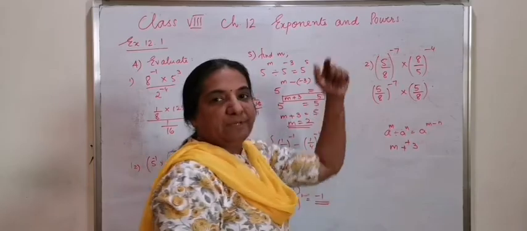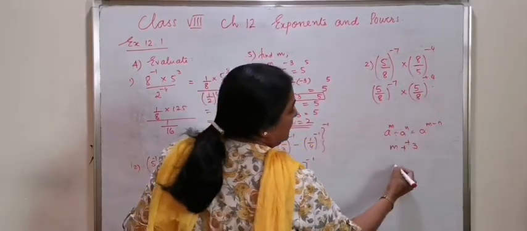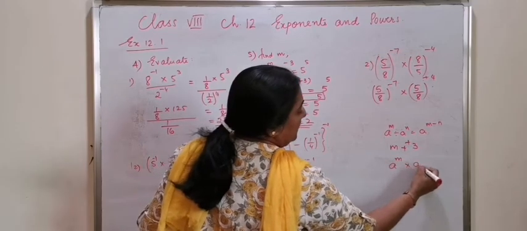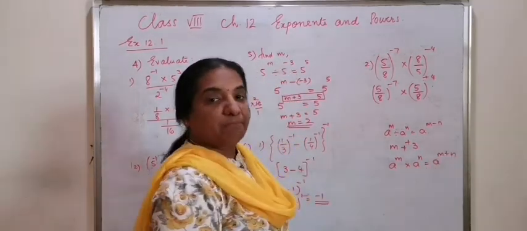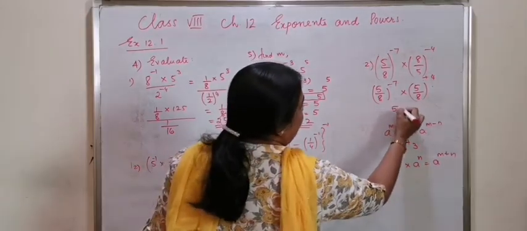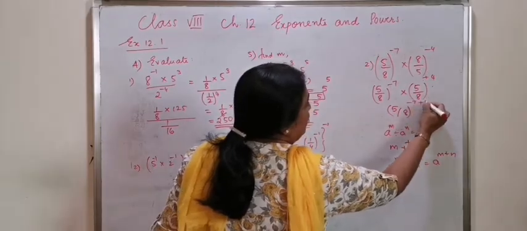At the same time, negative 4 will become positive 4. Now, by the law of exponent, a raised to m into a raised to n is equal to a raised to m plus n. It is 5 by 8 to the power of minus 7 plus 4.